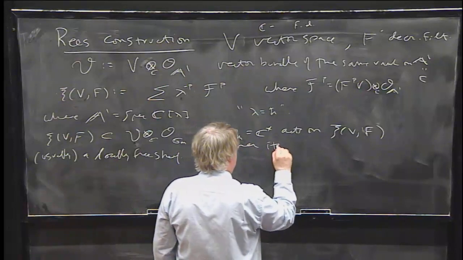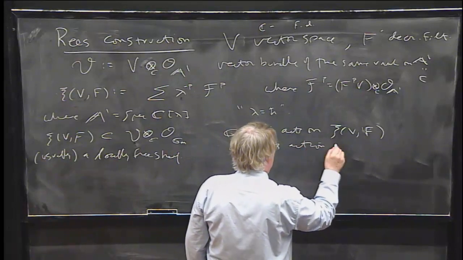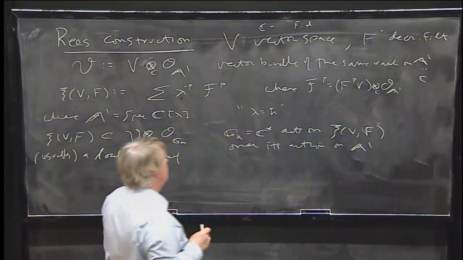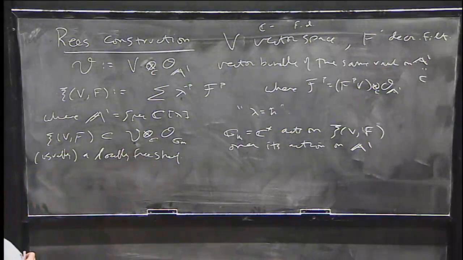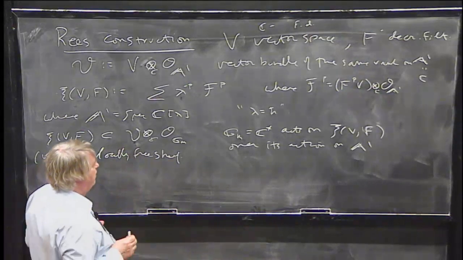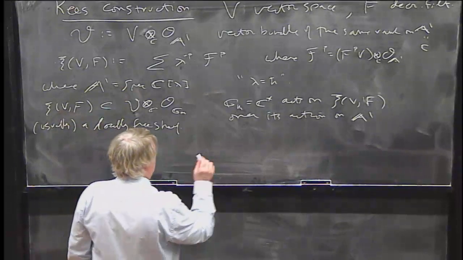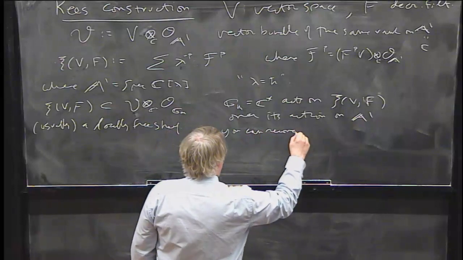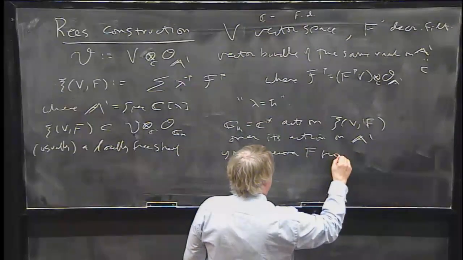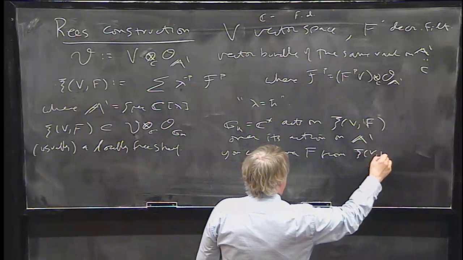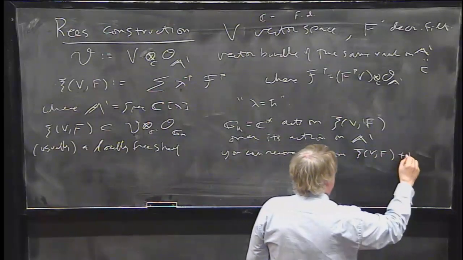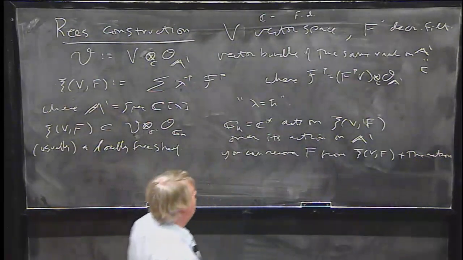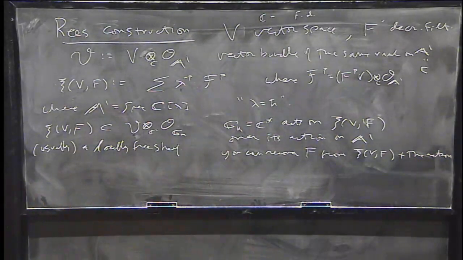over its action on A1. And this is an equivalence of categories. So you can recover the filtration from the C of V, F plus the action.